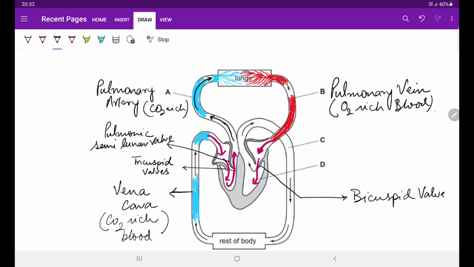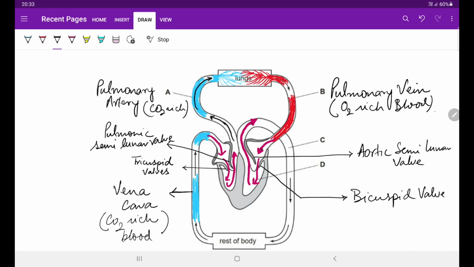The left ventricle, as it is filled with oxygen rich blood, now has to pump the blood to different parts of the body, and the blood now leaves the heart through a different blood vessel. To happen, it has to again pass through an opening, and that opening is called the aortic semilunar valve.